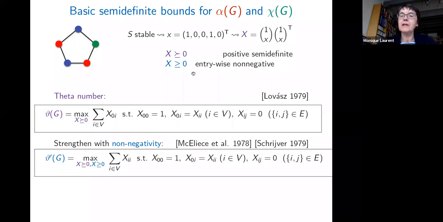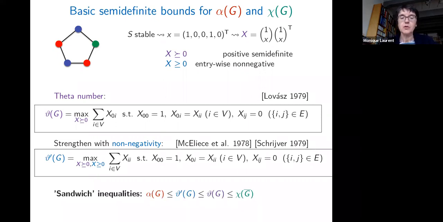As observed, the matrix X we have created is not only positive semidefinite, it's also entry-wise non-negative. So if you add non-negativity, you get a strengthening of the theta number known as theta prime of the graph. In this way, we obtain parameters: alpha is at most theta prime, is at most theta, is at most the chromatic number. So theta prime and theta can be computed via semidefinite programming.